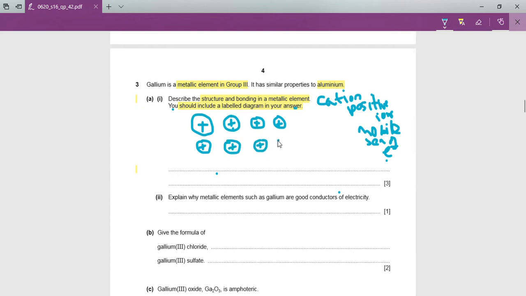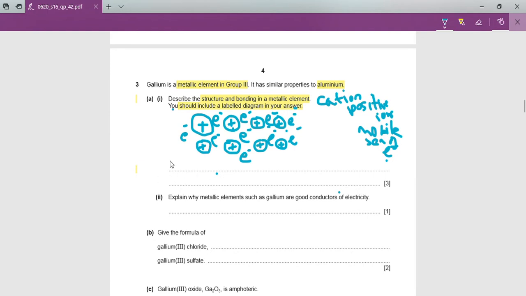Try to make them as linear as you can, in a straight line. Then you've got the e minus in between them, just floating around randomly. Make sure you don't put the electrons too close together either. I'd put one together, but I don't think that's an issue, but I would just keep them away. That's pretty much this part.